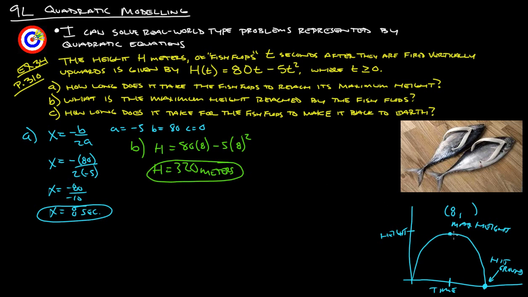Okay, so the max height of those fish flops after they're launched is 320 meters. That's pretty high. Well, it took 8 seconds to get up there, so that's fairly understandable. I wonder what they're launching this thing with.